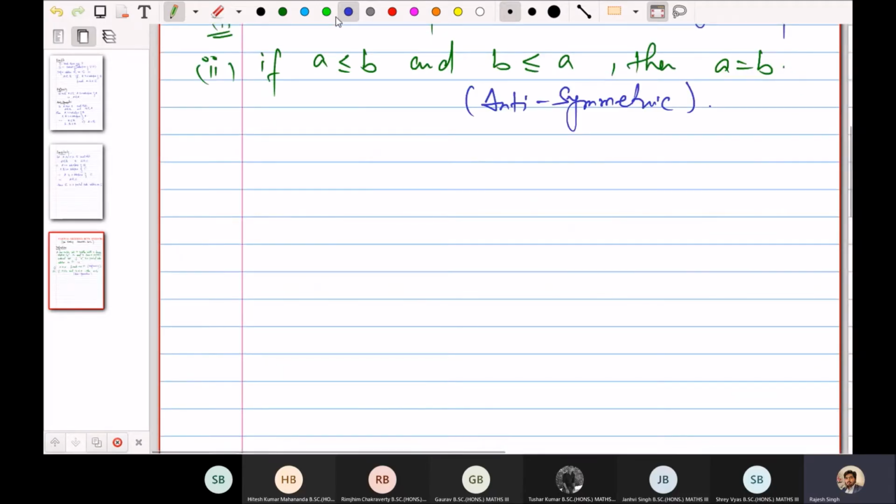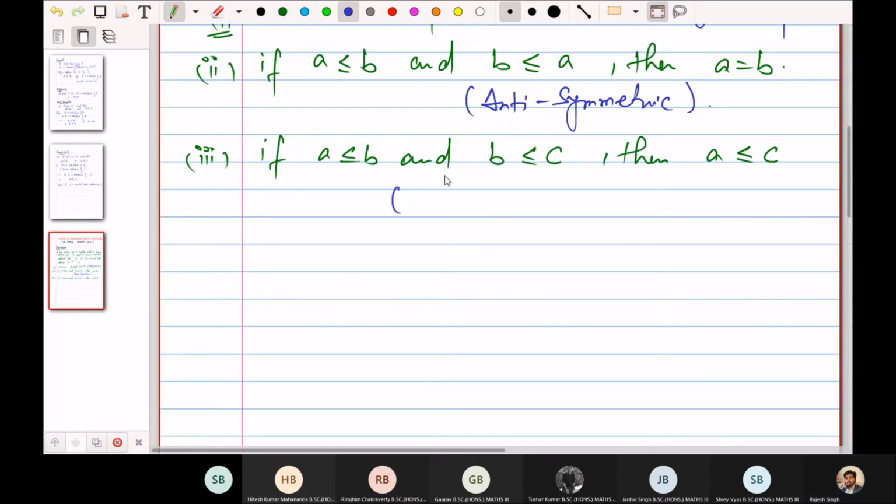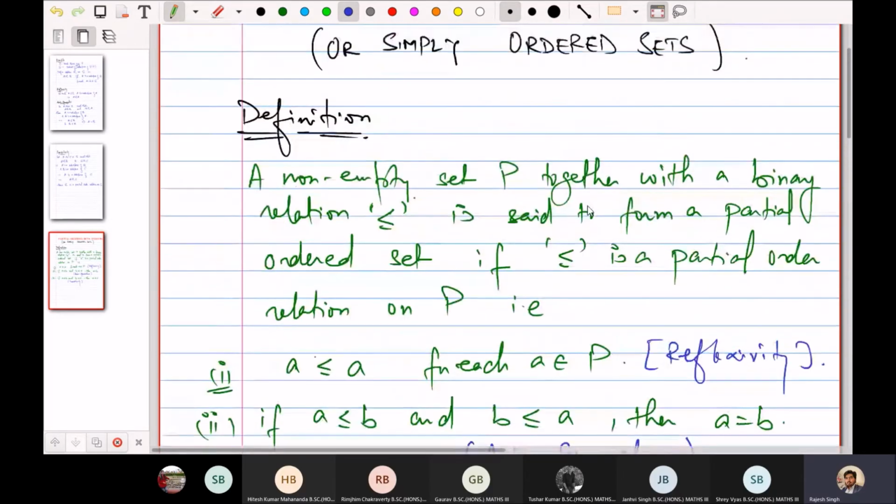And third, if A is related to B and B is related to C, then A is related to C. This property is called transitivity.